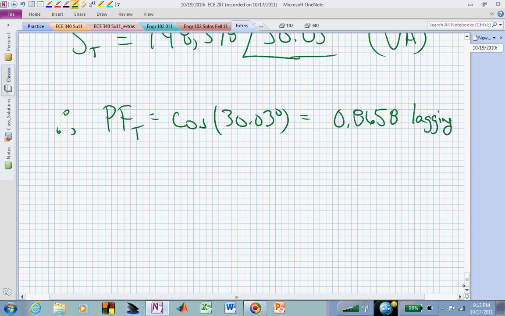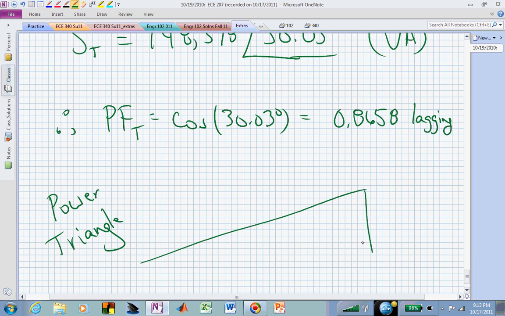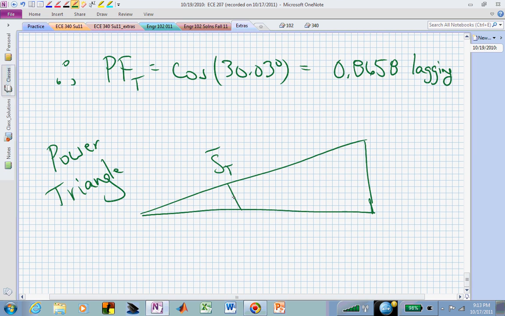And we could sketch the power triangle for the total system if we wanted to. Here is our complex power magnitude, which was this magnitude of S sub t.